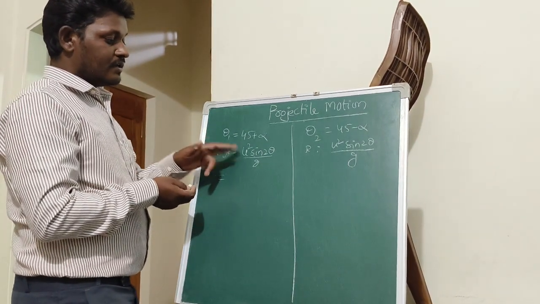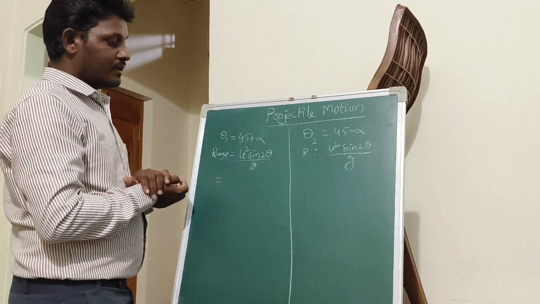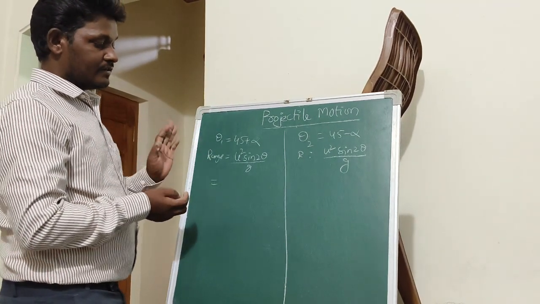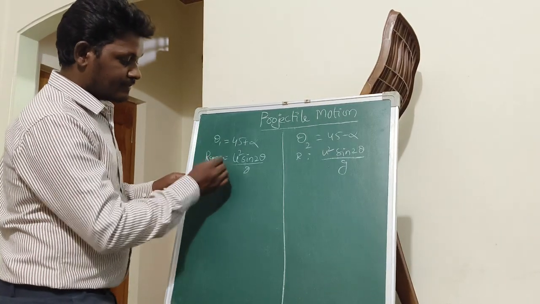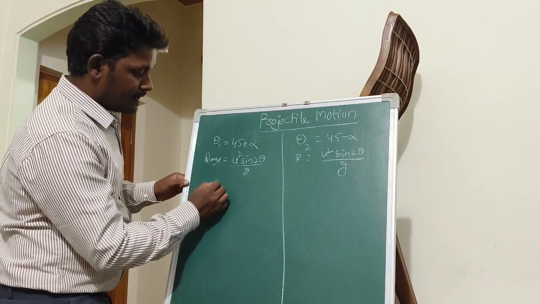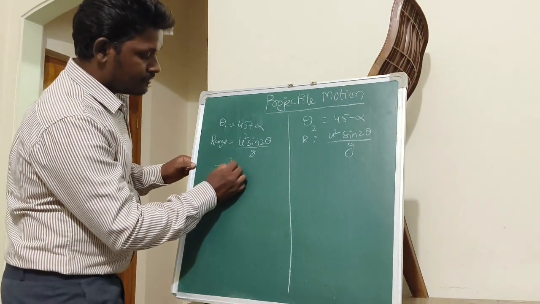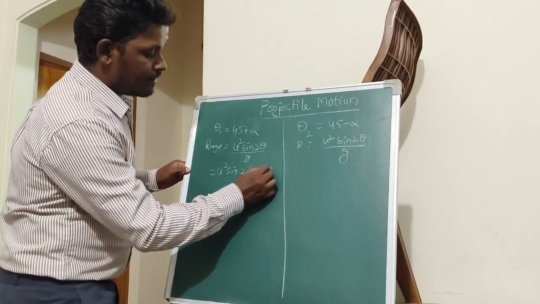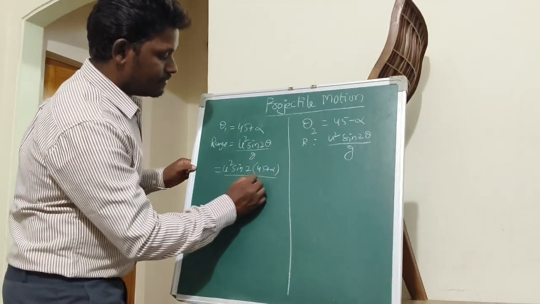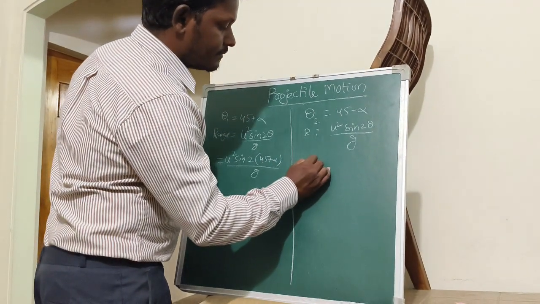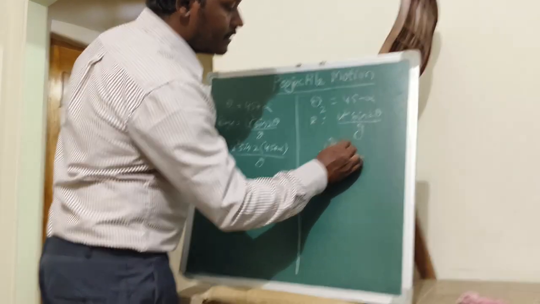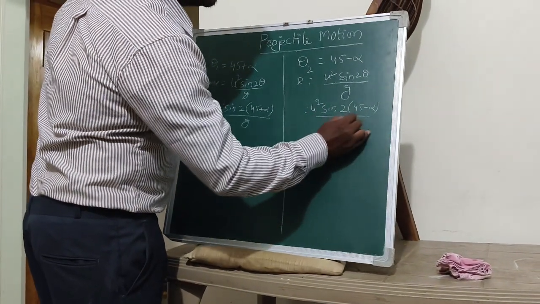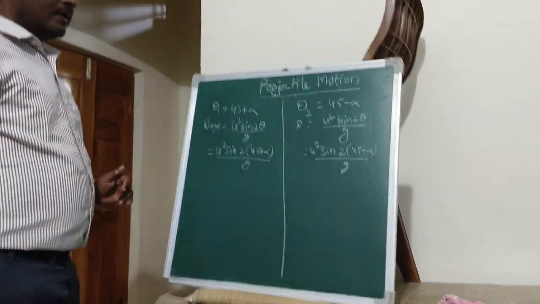So the projection velocity is the same for both, but the projecting angles are different; they are complementary angles. Let us substitute the angles: u square sin 2 of 45 plus alpha by g, and u square sin 2 into 45 minus alpha by g.